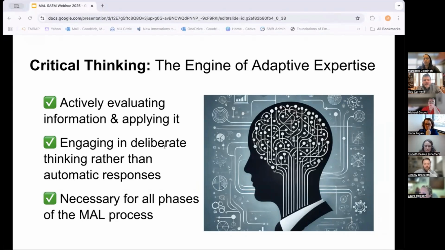It's an active process that challenges assumptions, weighs evidence, and applies reasoning. So basically, you need this. It informs every aspect of the Master Adaptive Learner model, all the way from identifying your own or a learner's learning needs to integrating new knowledge into clinical practice.